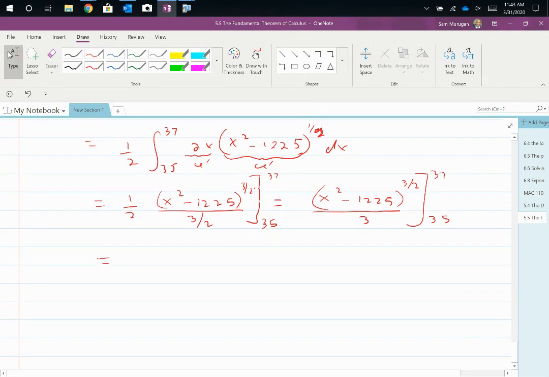I went to the calculator for this part, x squared minus 1225 over 3, because I had made my substitution.